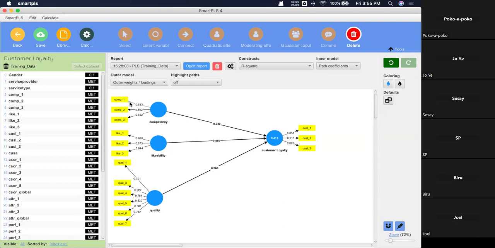And when you delete the first one, you have to go back to your construct reliability table and check if the deletion resulted in an increment on either the composite reliability or the average variance extracted. But when you delete and it doesn't increase it, and the factor loading is between 0.4 and just less than 0.7, it is advisable not to delete it.